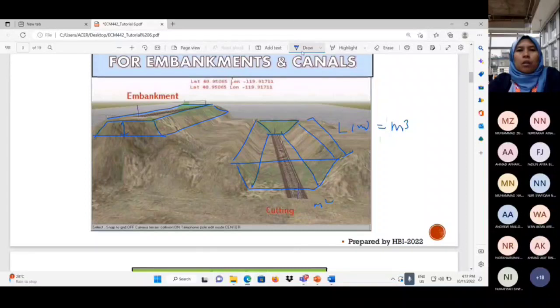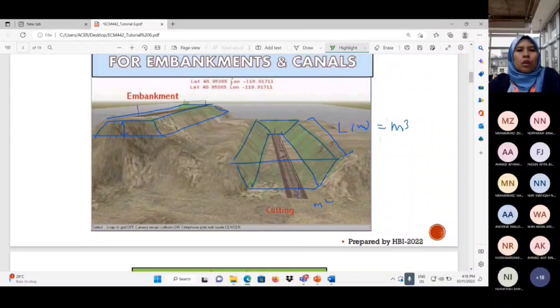So another aspect that you need to take into consideration adalah the turfing area. So bila you prepare the embankment and also the canal, it will involve the slope. Okay, bentuk trapezoid, of course there is the slope lah. So this slope area needs to be covered in order to prevent any erosion ataupun failure of the soil, landslide dan sebagainya.